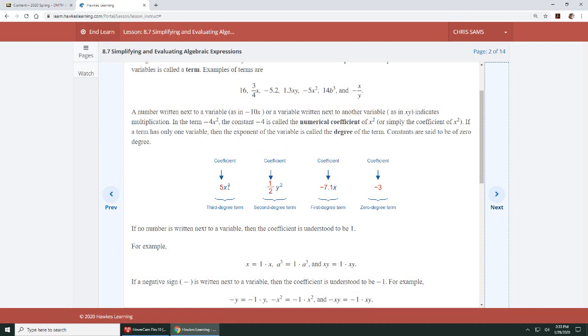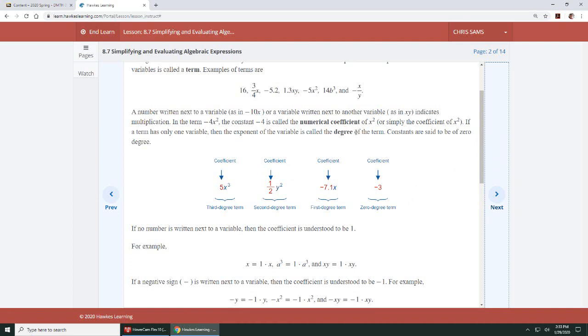So you got 5x cubed. It's showing you that the 5 is the coefficient. It's the number in front. 1/2, a fraction, can be a coefficient. A negative and a decimal could be a coefficient. And just the number 3, okay, is a coefficient. It doesn't have a variable attached to it, but we will call it x to the 0 power. So constants are said to be of 0 degree.